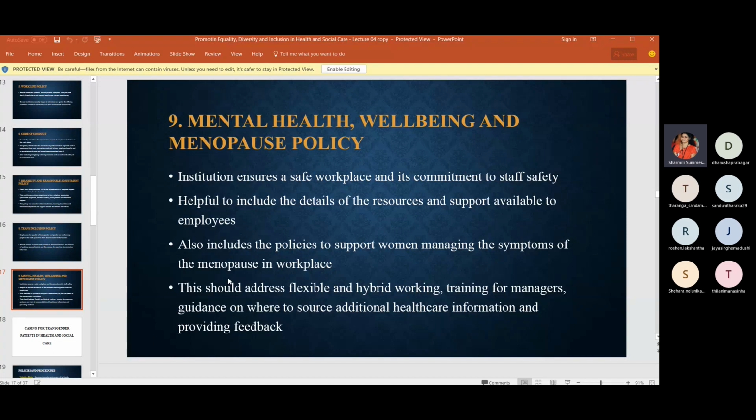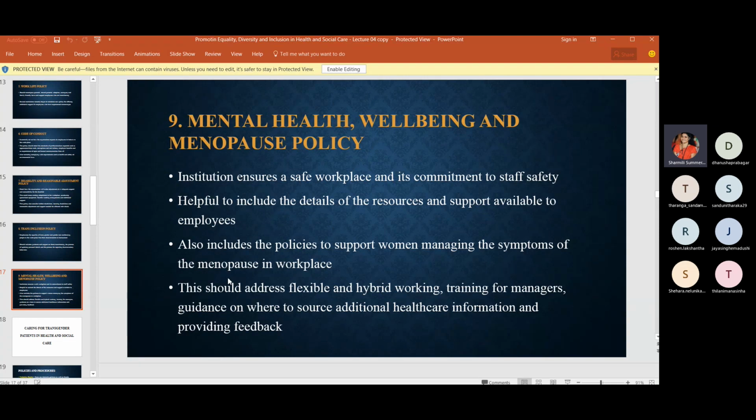Menopause policy means the stress and workload provided to those women can be reduced, and they can provide a peaceful and calm environment. If they have walking problems like bone problems, we can restrict them from carrying heavy weights, and we can make adjustments and modifications to help those people. Then only can they happily work in that environment.